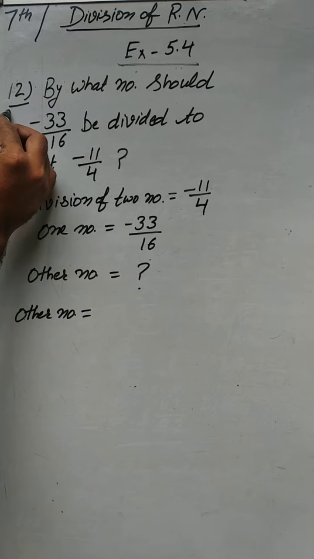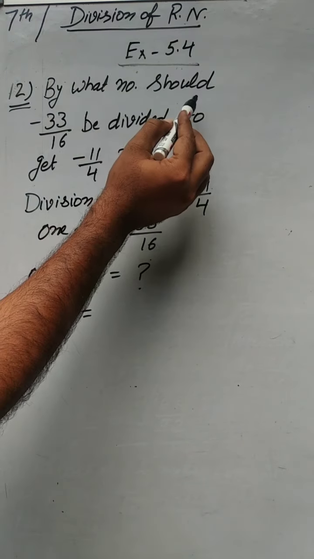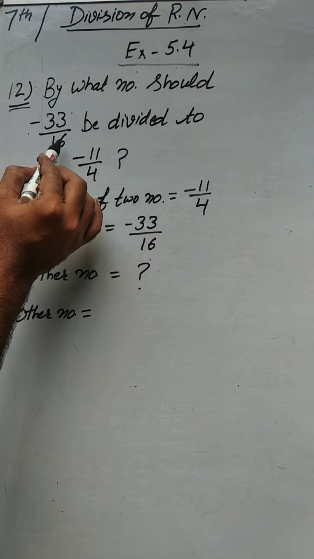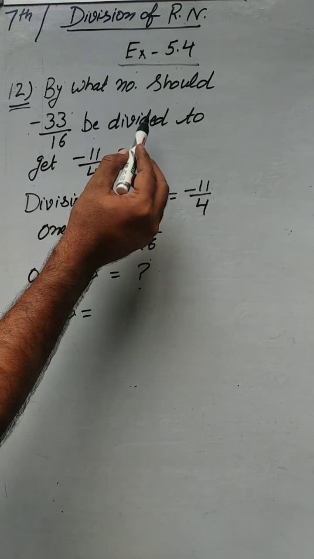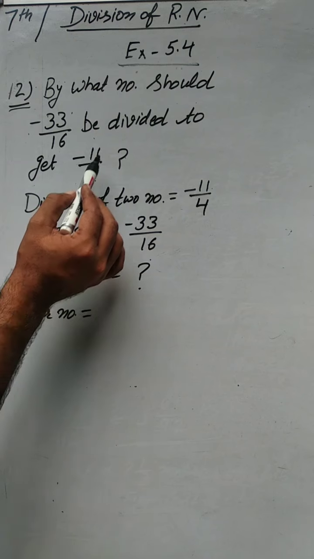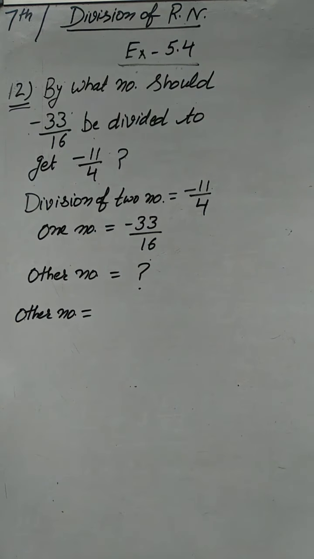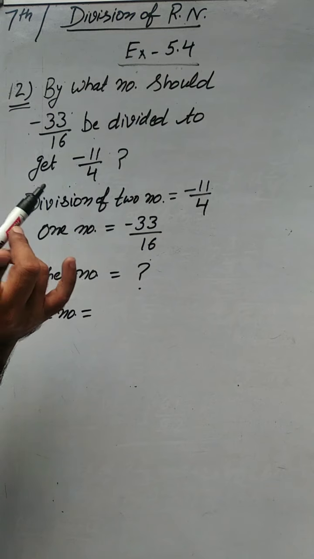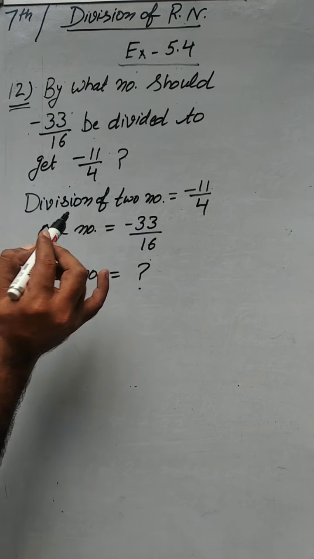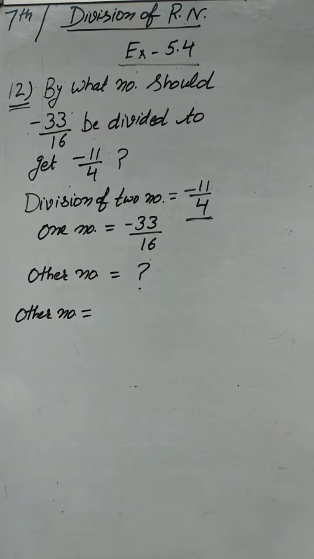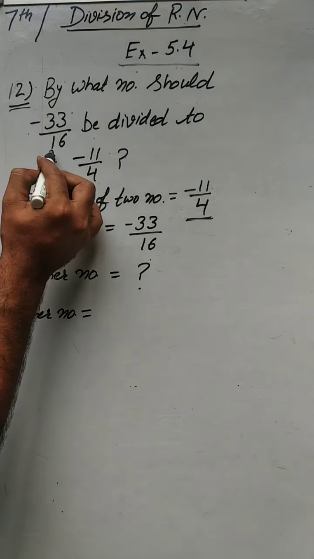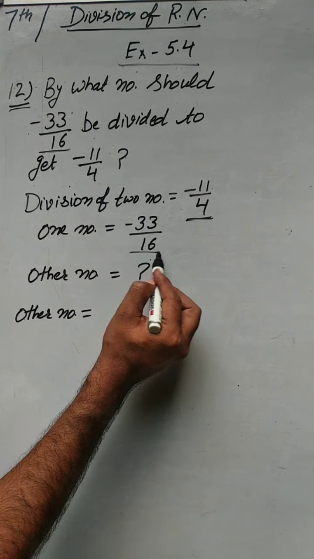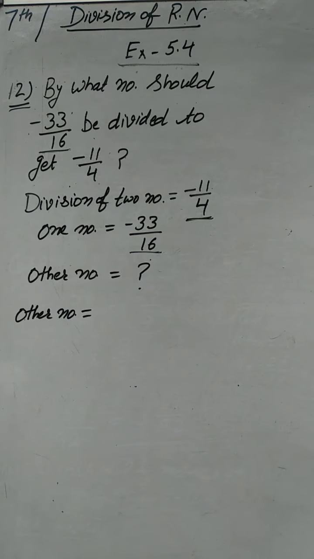Yes, beta. Question 12th. By what number should minus 33 upon 16 be divided to get minus 11 upon 4? Understood, beta? Means indirectly he is saying the division of two numbers is minus 11 upon 4, and one number is equal to, beta, minus 33 upon 16.